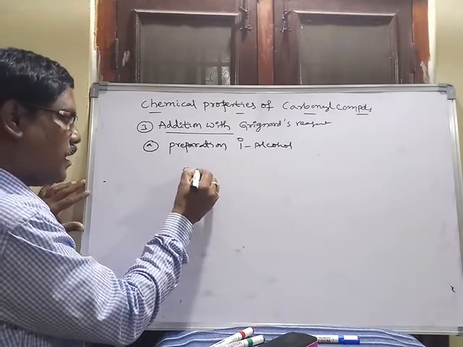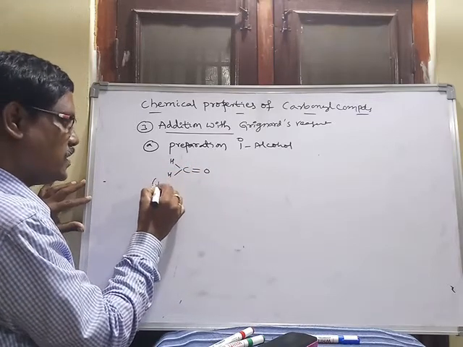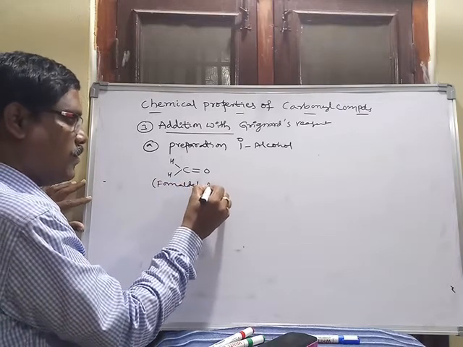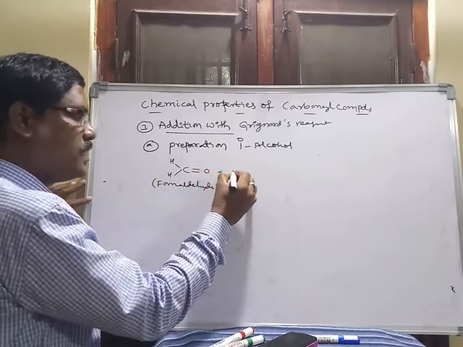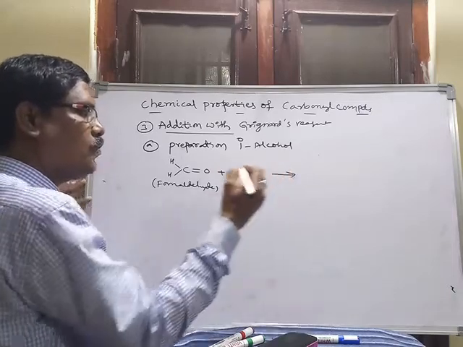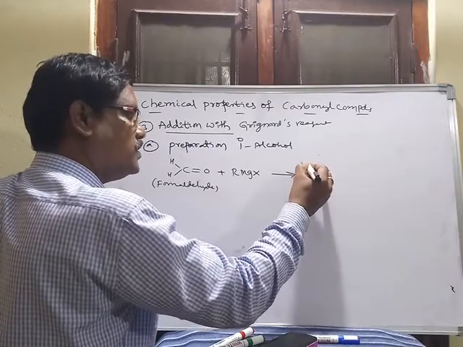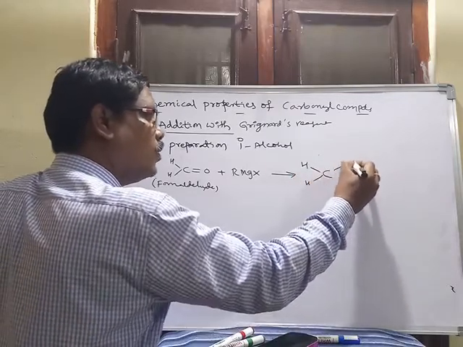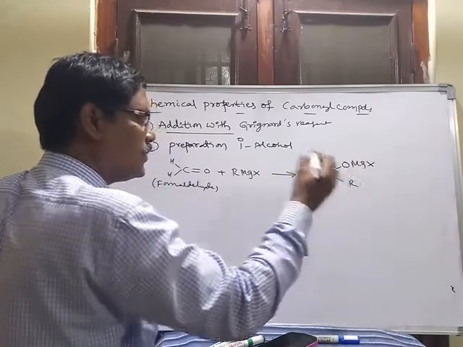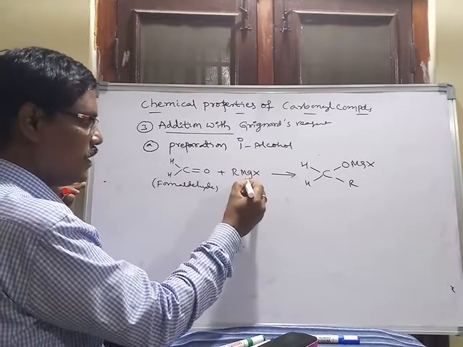Here the carbonyl compound I am taking has H and H on both sides. It is called formaldehyde. When it reacts with Grignard reagent RMgX, we form H, H, OMgX and here R. I already gave this with mechanism.